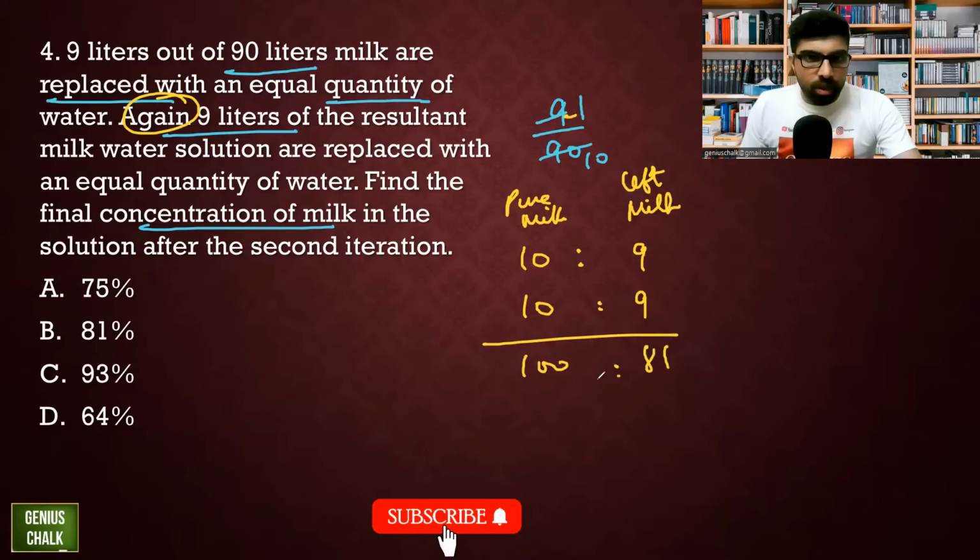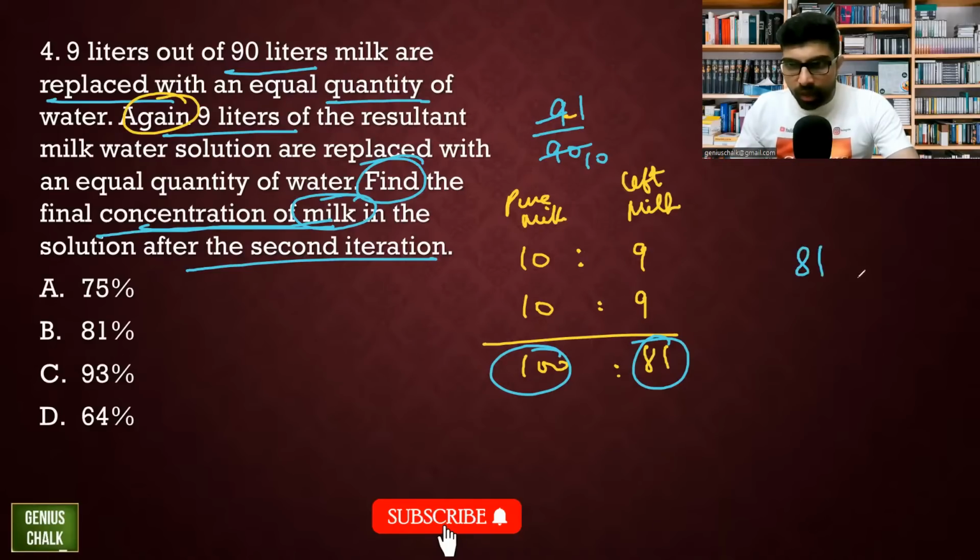What is asked? It is asking you to find the final concentration of milk after the second iteration. So you can see total milk was 100 and now the milk is 81. That means what is the final concentration? 81, and the total was 100. So what is the percentage, guys?